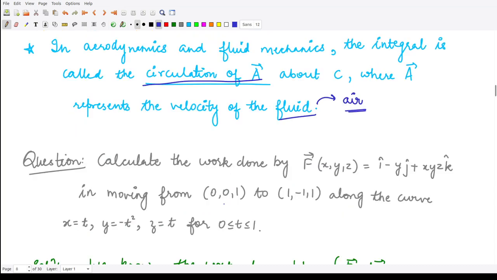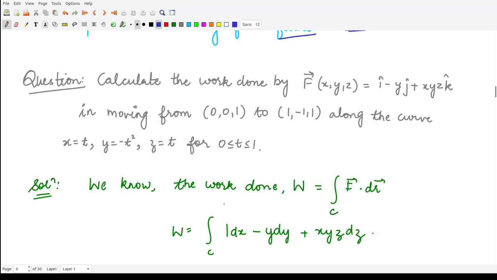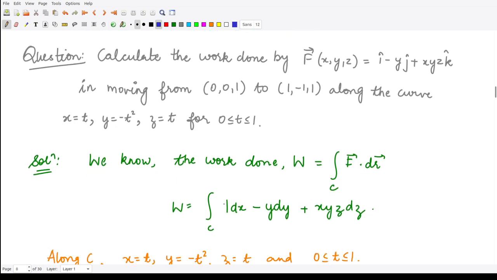Having learnt about this, let's see how we can find the corresponding work done. Here is a question: calculate the work done by the vector F, defined by this vector, moving from the point 0 0 1 to the point 1 minus 1 1 along the curve x equals t, y equals minus t square, and z equals t.